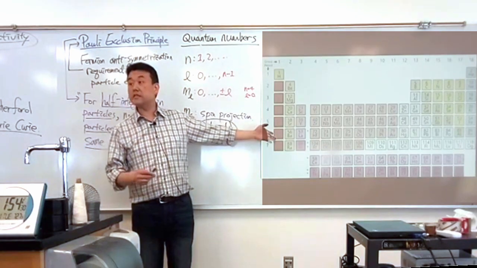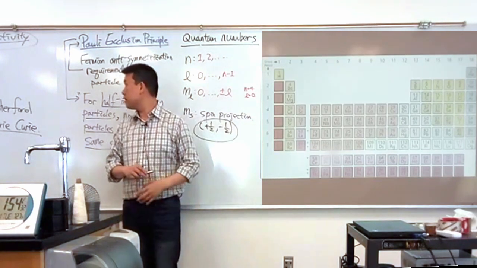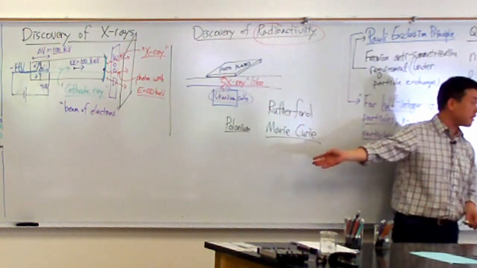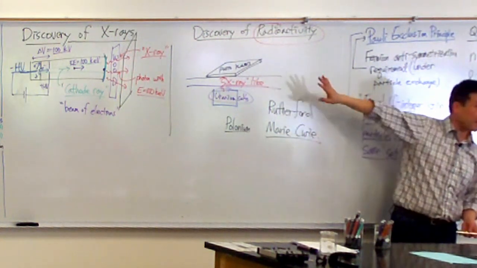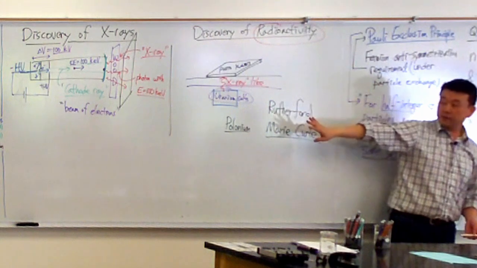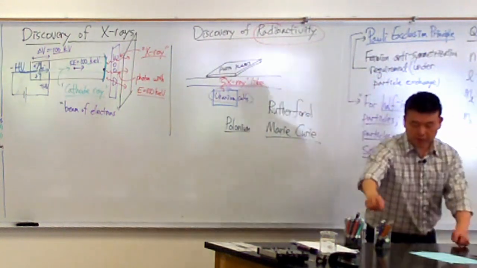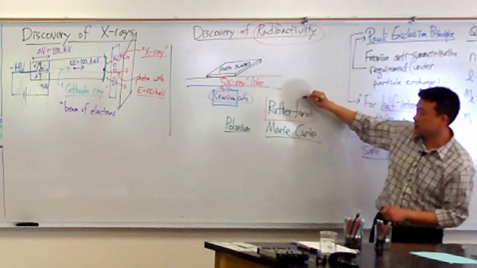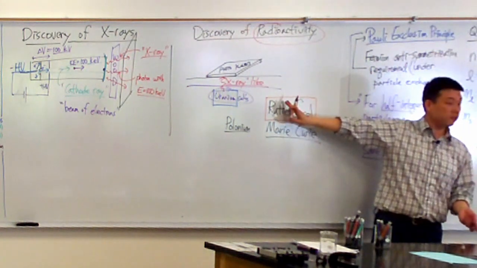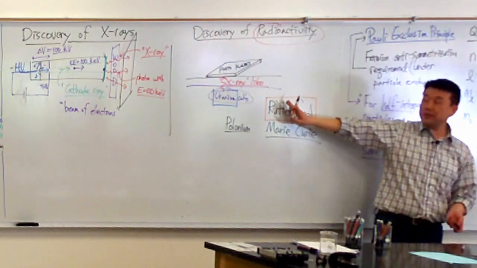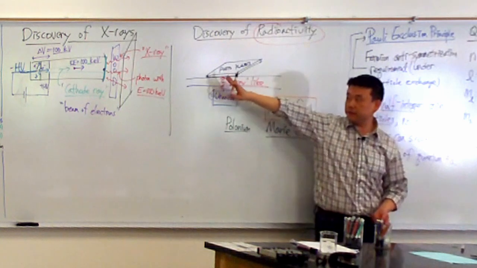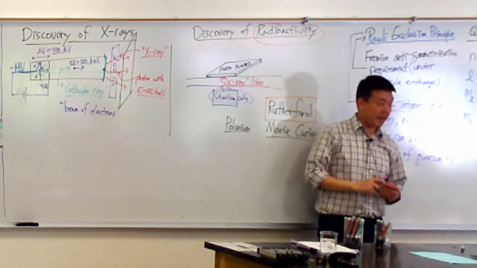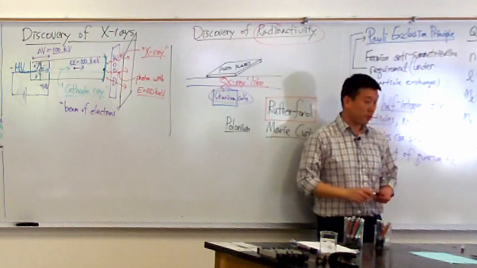People started discovering, once they figured out this is something that happens, they started looking for other elements that exhibit similar kinds of behavior. One of the main works done by Rutherford was that he categorized the rays coming from the radioactive elements. It turns out the rays from radioactivity are more complex than X-ray. They have multiple components.